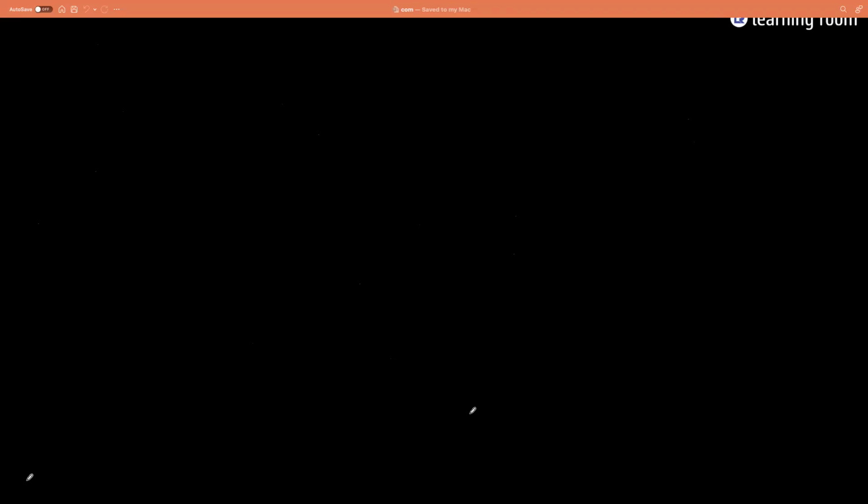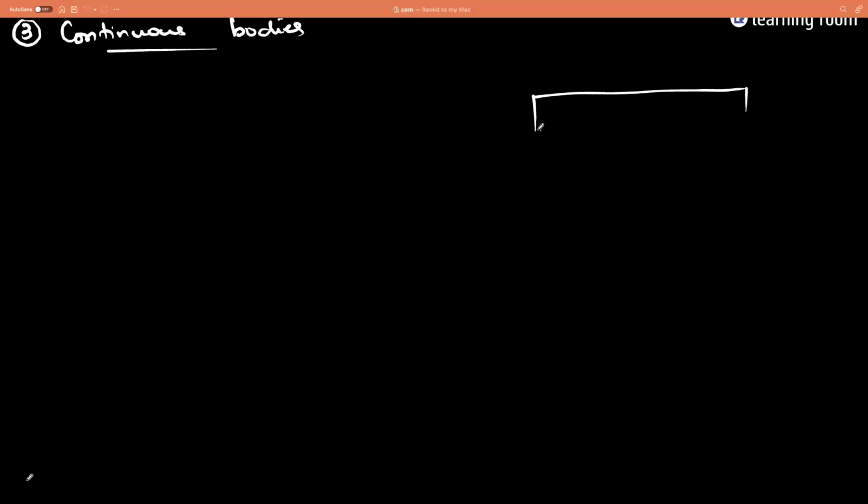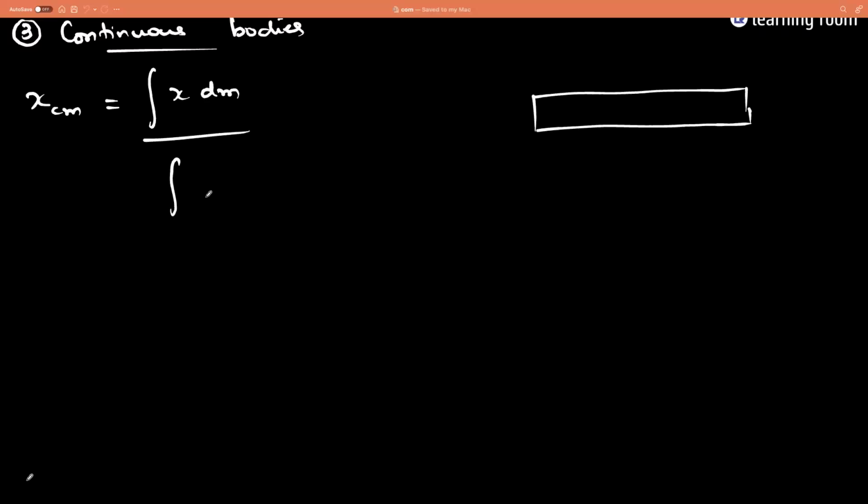Okay. So next is when I have a system of continuous bodies, or continuous mass. When I have this kind of a system, listen to this carefully. If I have, for example, a rod, then the x coordinate of the center of mass can be taken as the integral of x dm divided by the integral of dm. I'll tell you how to handle this.